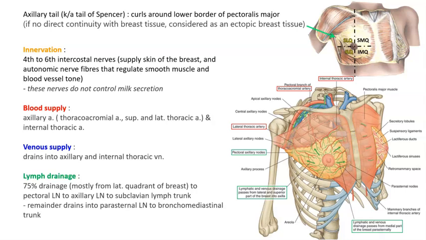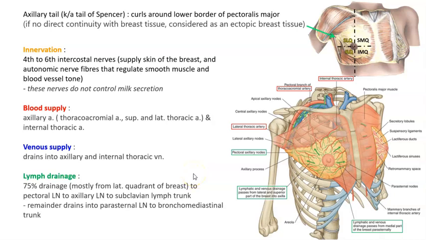You know your nipple is located at the 4th intercostal space, so the nerve that supplies the breast is also from the 4th intercostal nerve. Okay, 4th to 6th intercostal nerve. And this nerve does not control milk secretion. Bear in mind, milk secretion is controlled by, I think, prolactin hormone. You will learn this later.